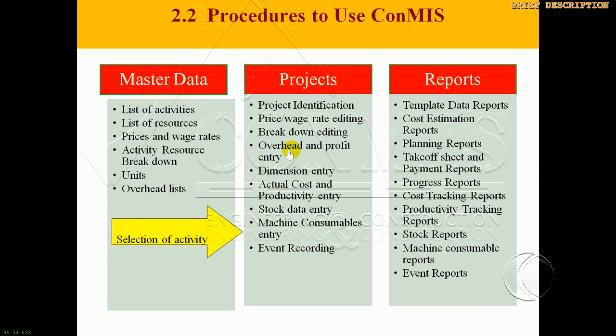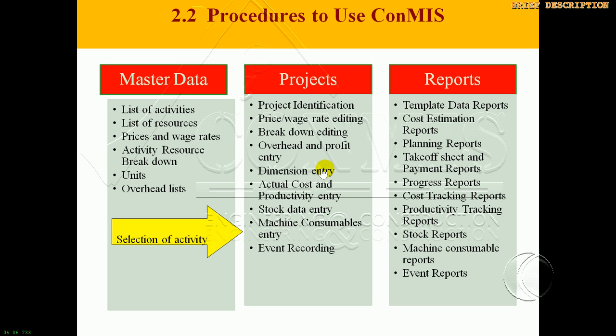After adding your overhead and profit, you can generate a cost estimation report, and also you can generate the planning reports, which are material requirement, labor requirement, and machinery requirements. To produce take-off sheets and payment reports, here you have to type dimensions and payment figures.